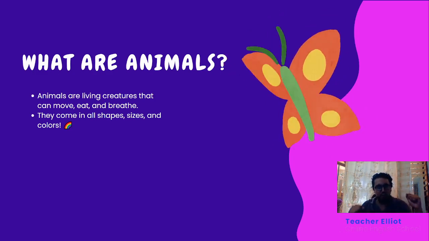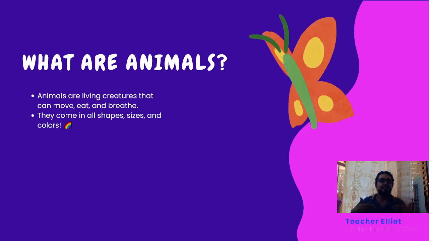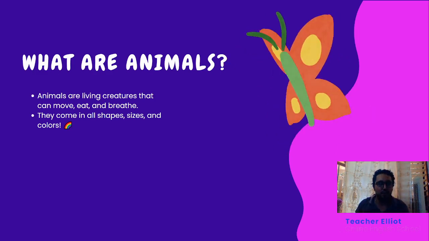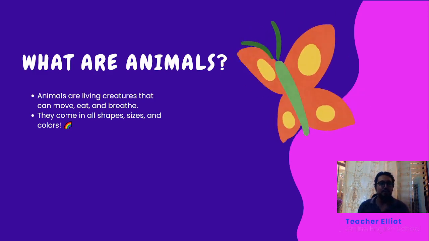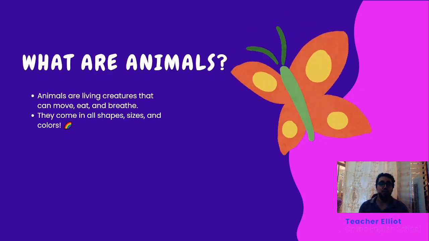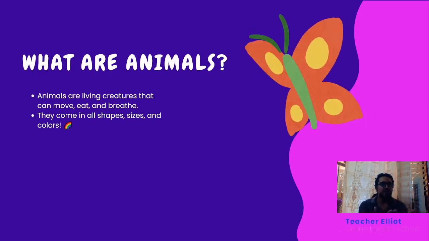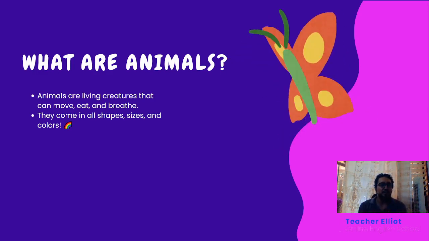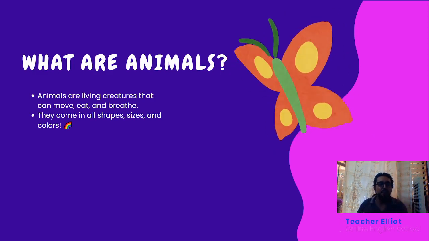Yeah, they can move, they can eat, and they can breathe. For example, we, as human beings, are animals too. Me, your parents, you, we are animals because we can move, we can eat, and we can breathe.